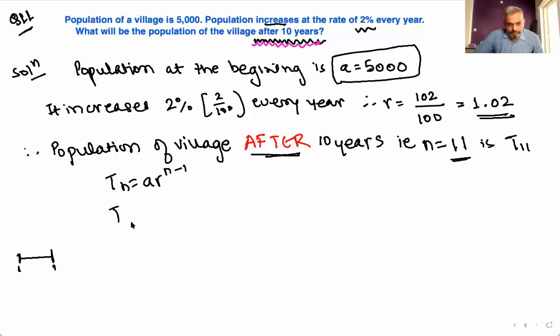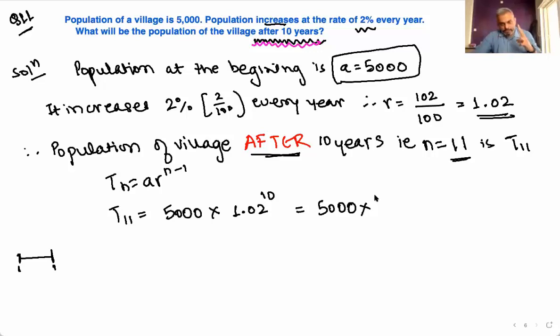So T11 is equal to 5000 into r is 1.02 raised to 10, which is equal to 5000 into, कैसे उठाओ, 1.02 into equal to, that is 2 times, equal to 3, 4, 5, 6, 7, 8, 9, 10.